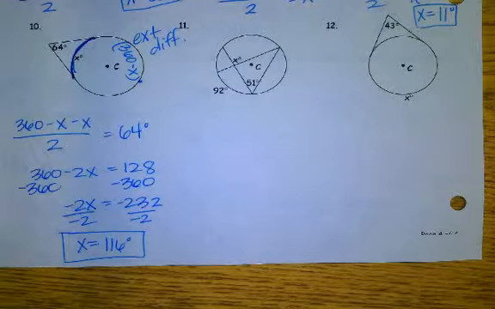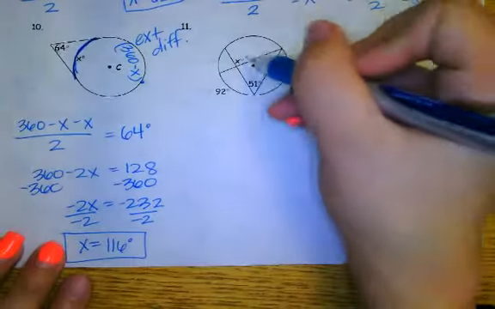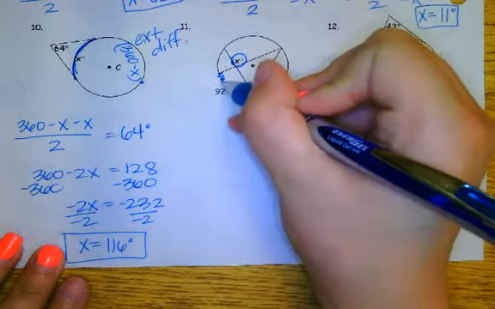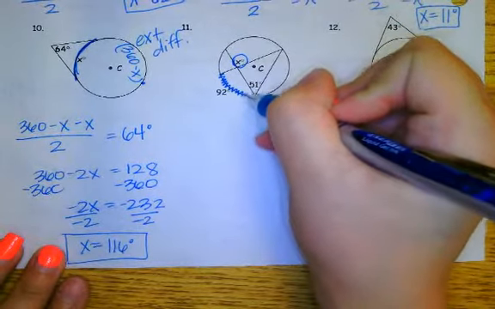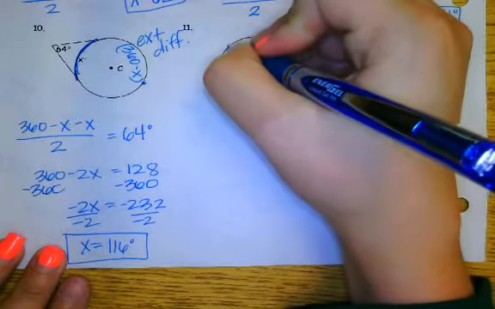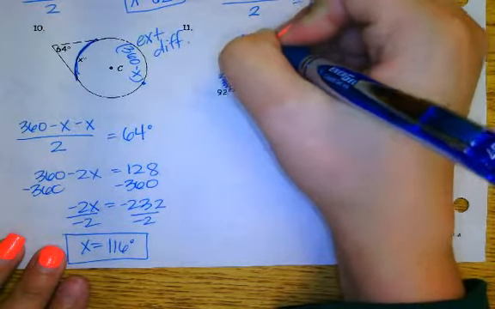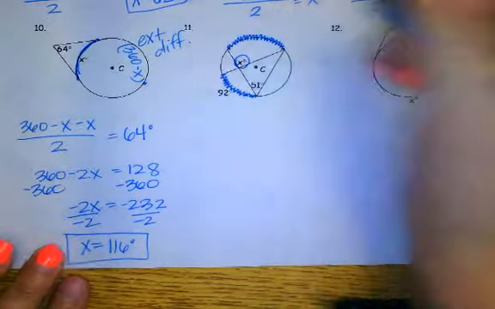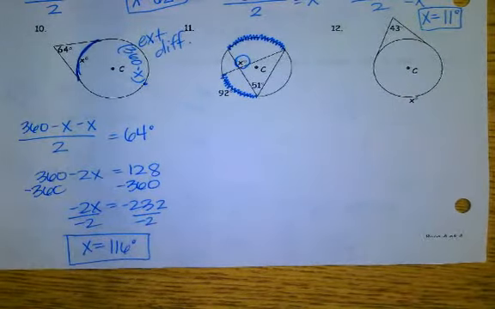Okay, 11 is great because it requires you to know a lot of things. This is my interior angle, correct? My one intercepted arc is 92 degrees. My other intercepted arc is unknown. What is the measure of that other intercepted arc?